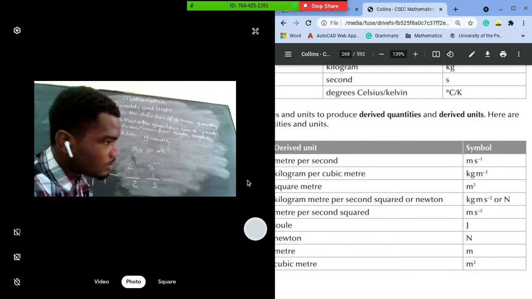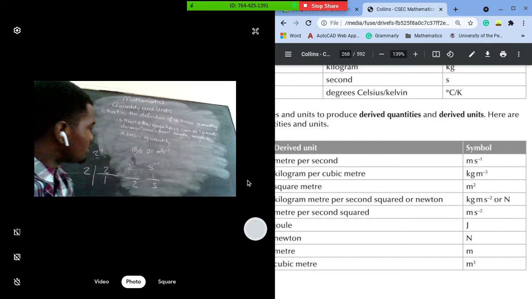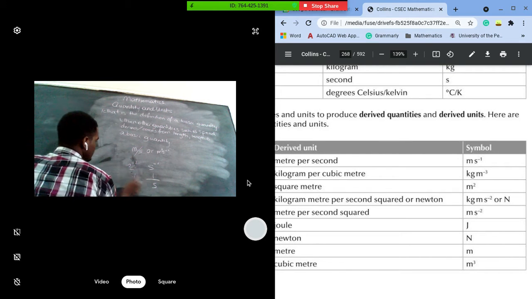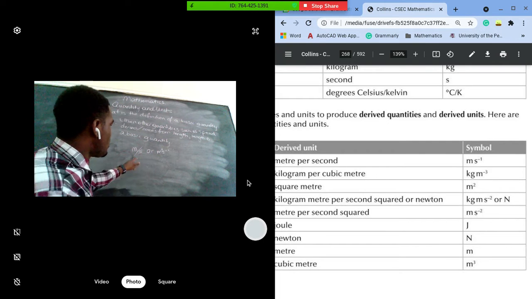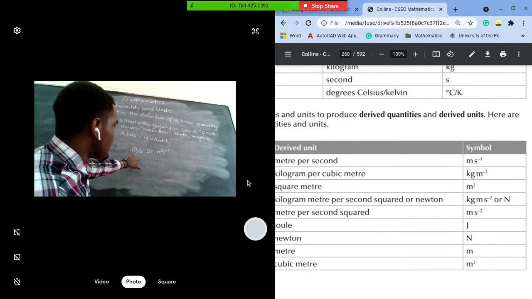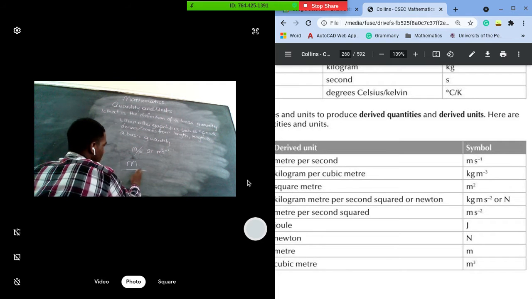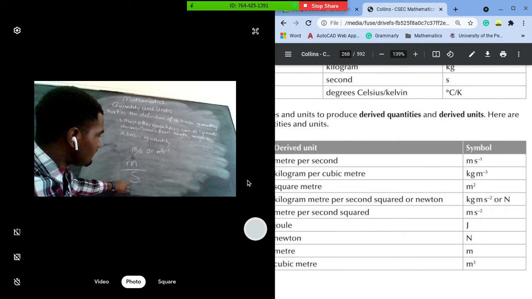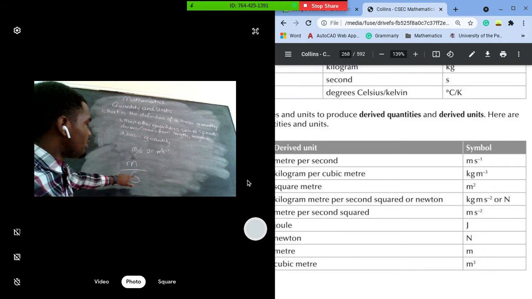Sir, can you repeat the last part of it, sir? Alright, so let me just quickly do this one. So look at this for me now. When we have m divided by s, let's write it down as a fraction. M over s. Agreed with that? Yes, sir. Alright. Now look at this for me now.